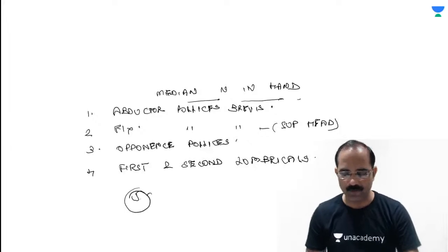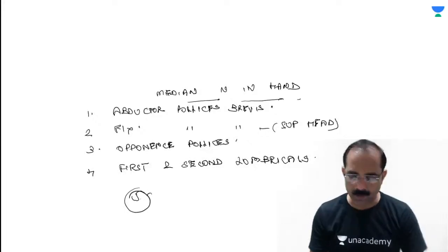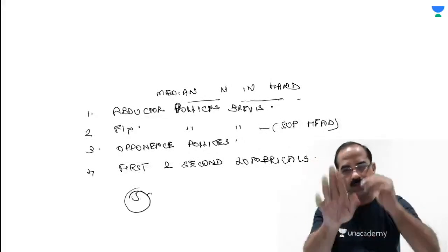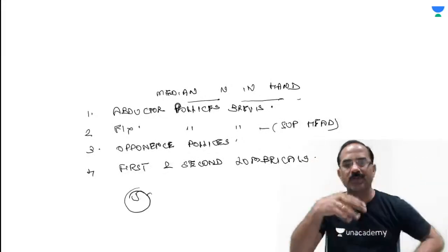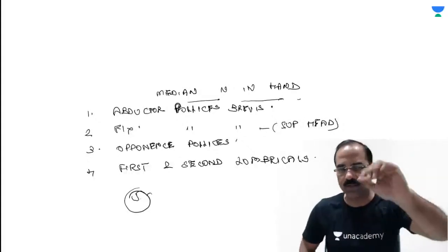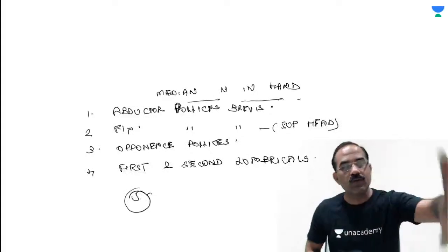Just be clear about this. Abductor pollicis brevis, the flexor pollicis brevis, its superficial head, the third is the opponens pollicis. So 3 muscles of thenar eminence, and 2 lumbricals, the first and the second. Total of 5 muscles.